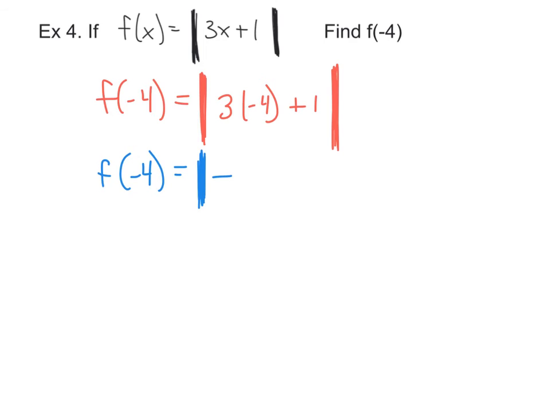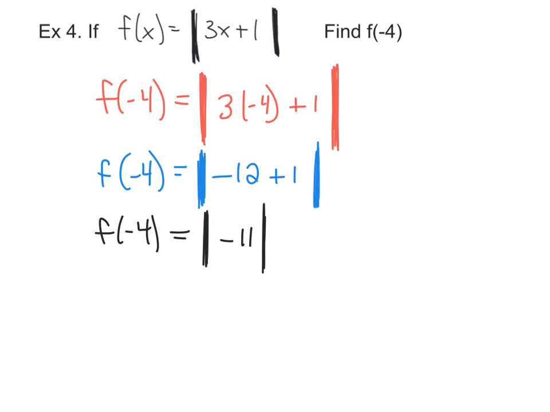3 times negative 4 is a negative 12. Another absolute value bar. Okay. So again, now we're looking at what is the absolute value of negative 11, okay? So again, as we discussed, absolute value means the distance away from 0 on a number line. So if we take the second over here and go, okay, here's negative 11, here's my 0.